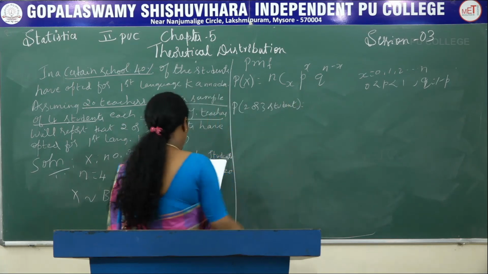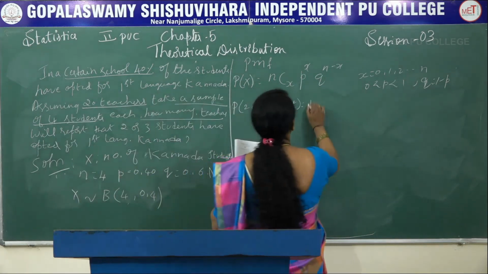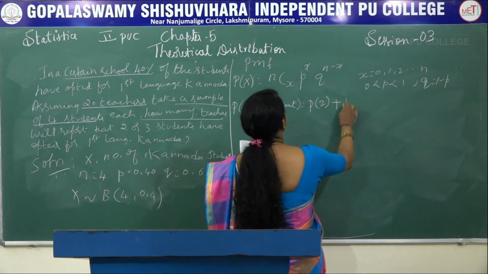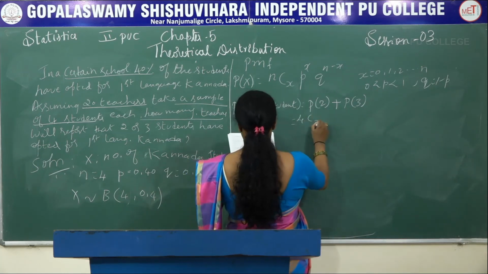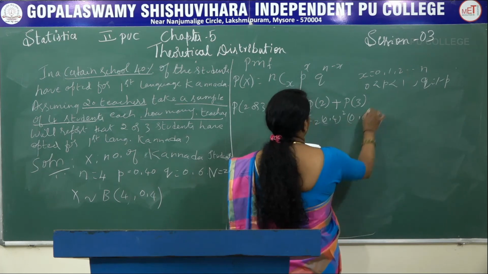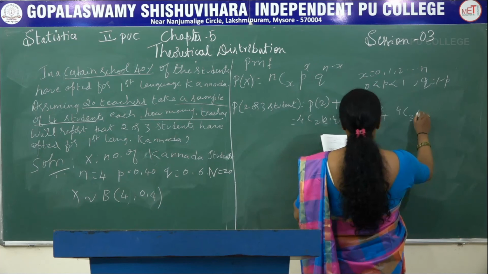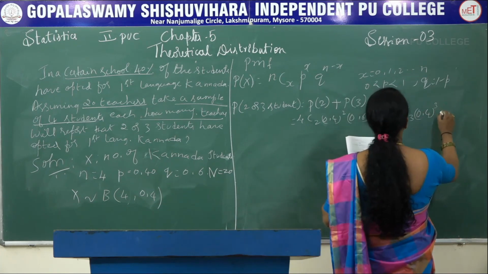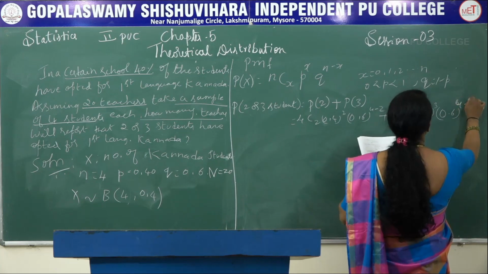"Or" is nothing but addition in probability. So probability of 2 plus probability of 3 we have to calculate. This is 4C2, 0.4 to the power 2, 0.6 to the power 4 minus 2, plus 4C3, 0.4 to the power 3, 0.6 to the power 4 minus 3.